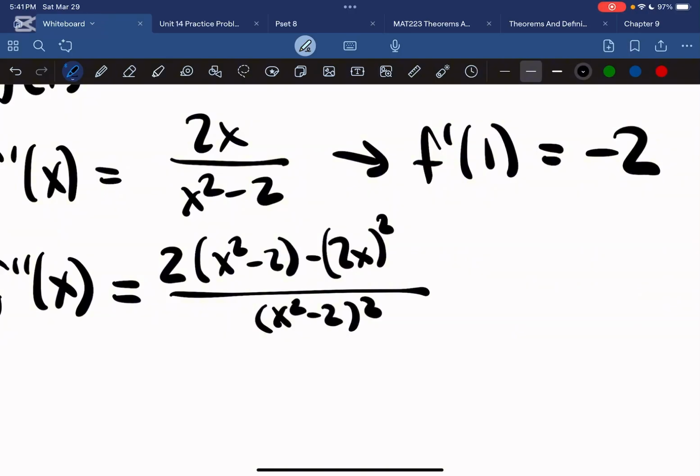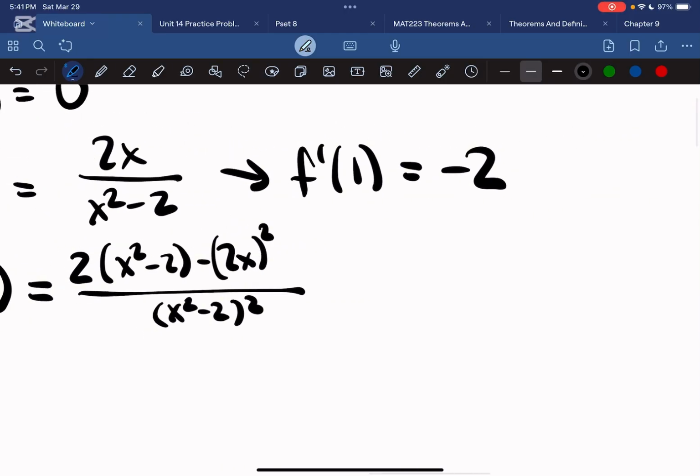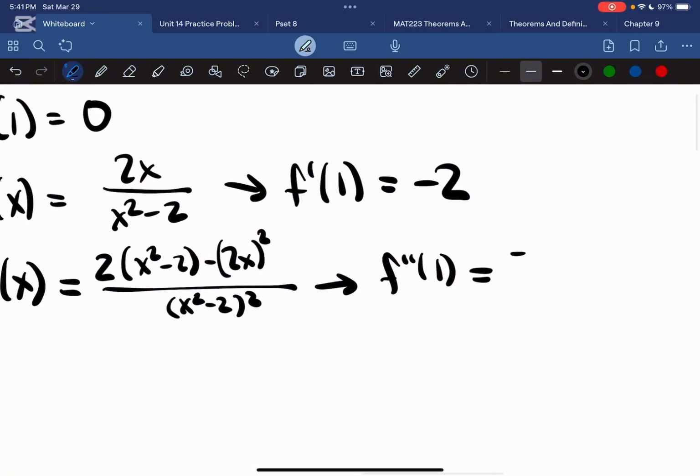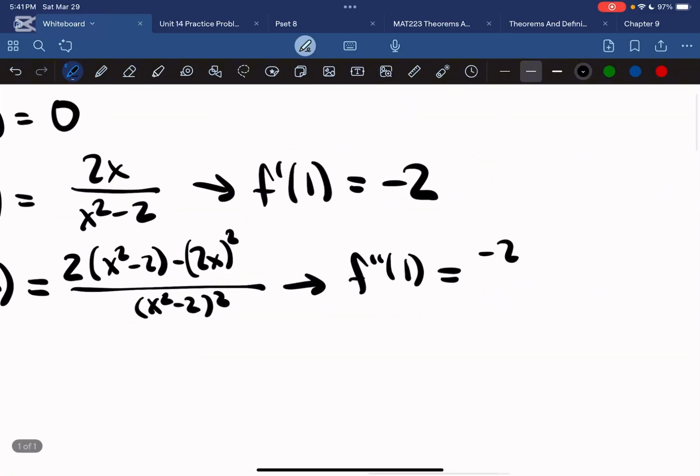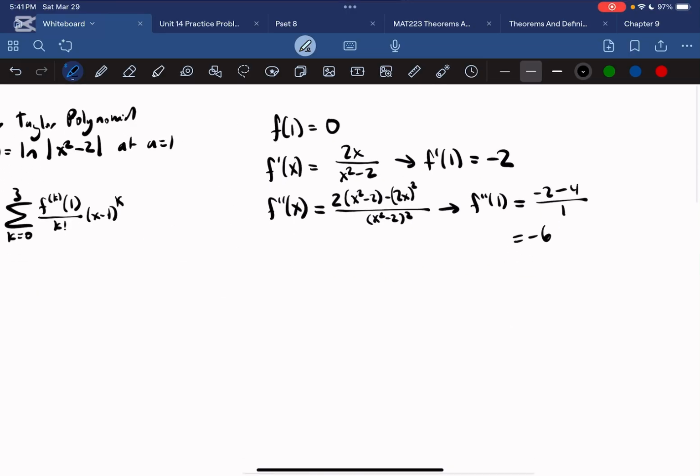Now f double prime at 1 is equal to -2 minus 4 over 1, right? And this is -6.